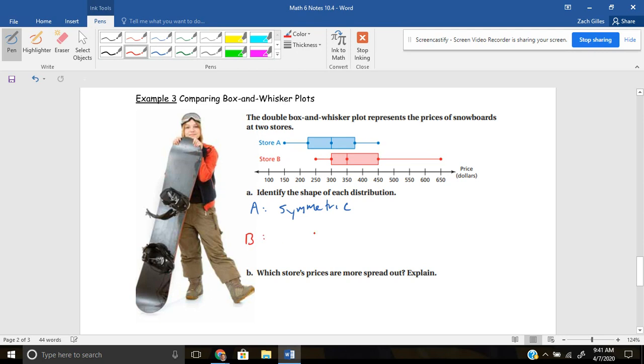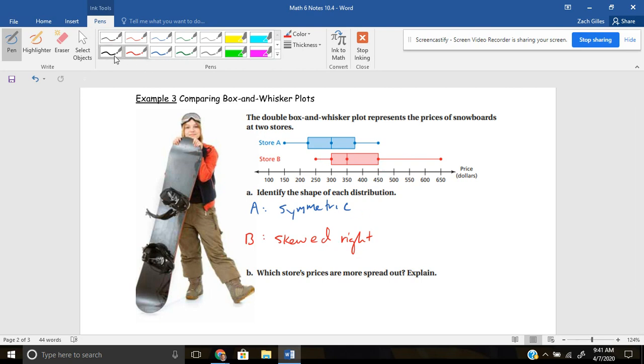This one, my whisker is a lot bigger on the right, so most of my data is on the left. So my distribution would be skewed right. It's a weird word to spell, right? My whisker is longer on the right, and most of my data is on the left.